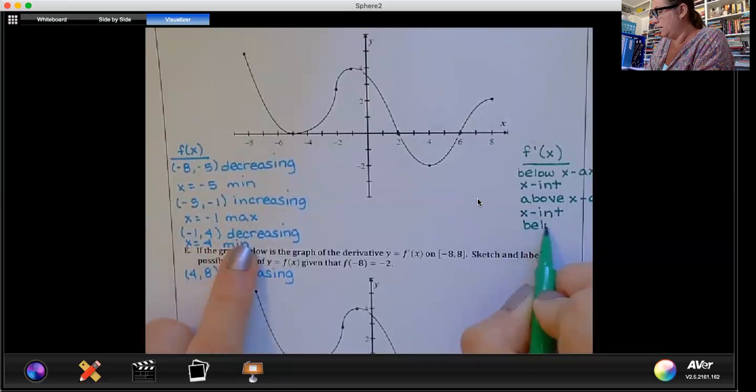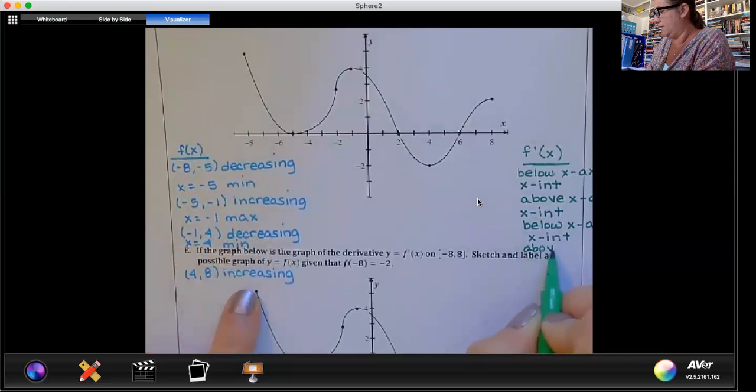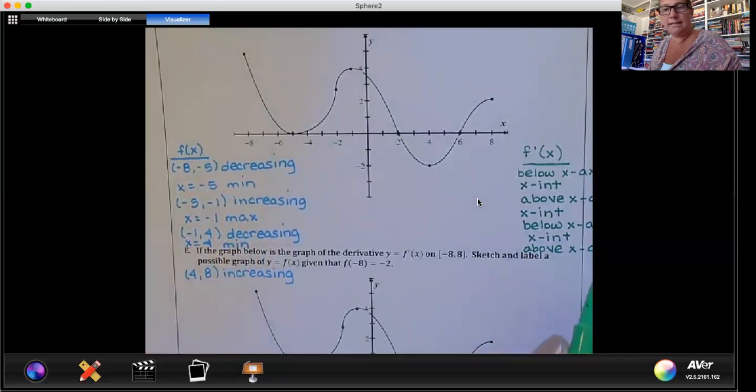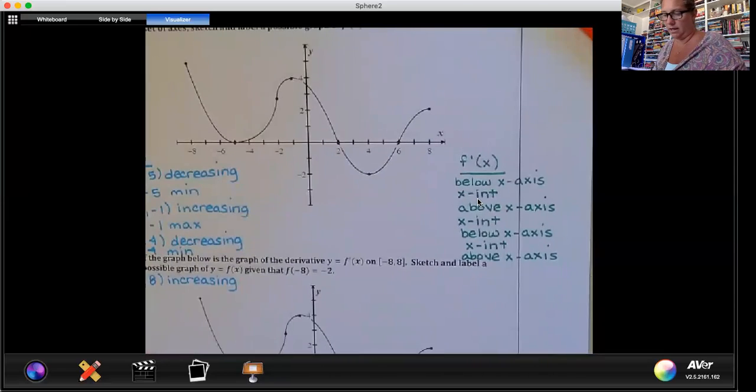Decreasing will be below the x-axis. Minimum will be an x-intercept. And then we will be above the x-axis. So I want you to take a look at that and see if you can figure out what your graph should look like based on that information. Take just a second.